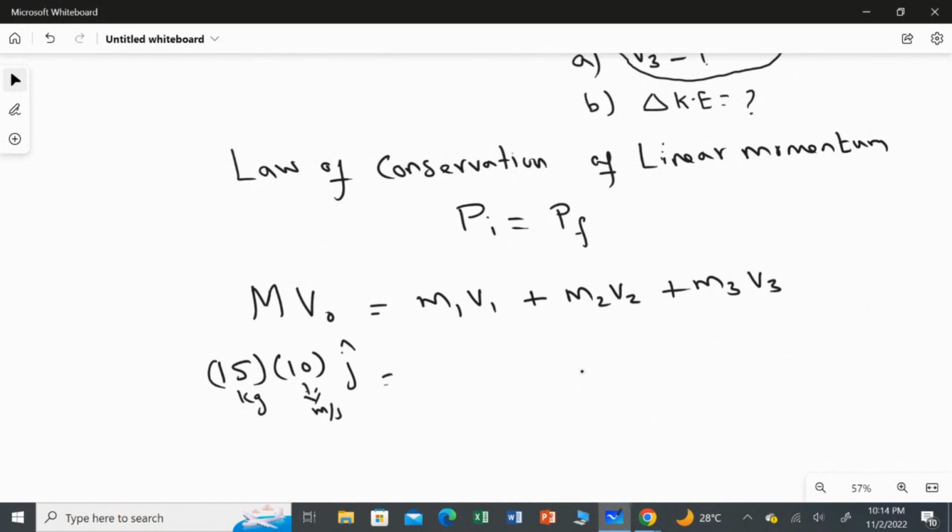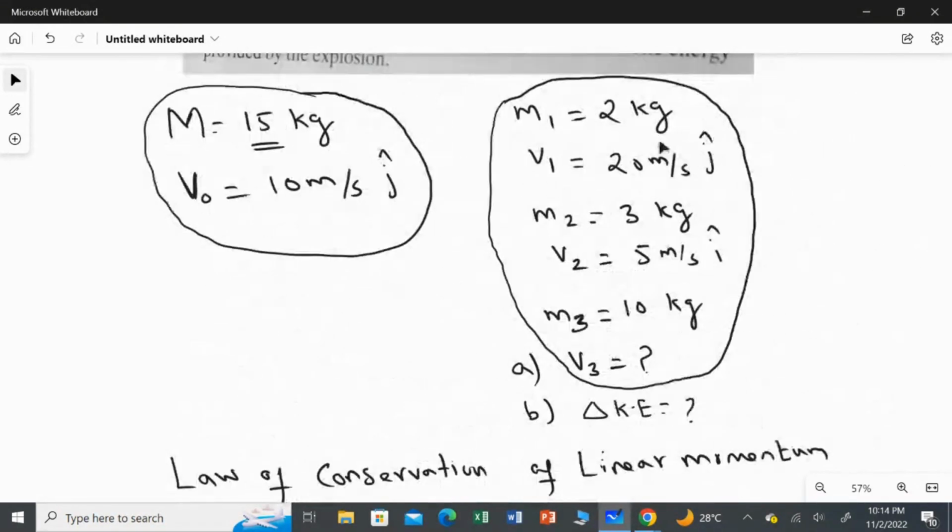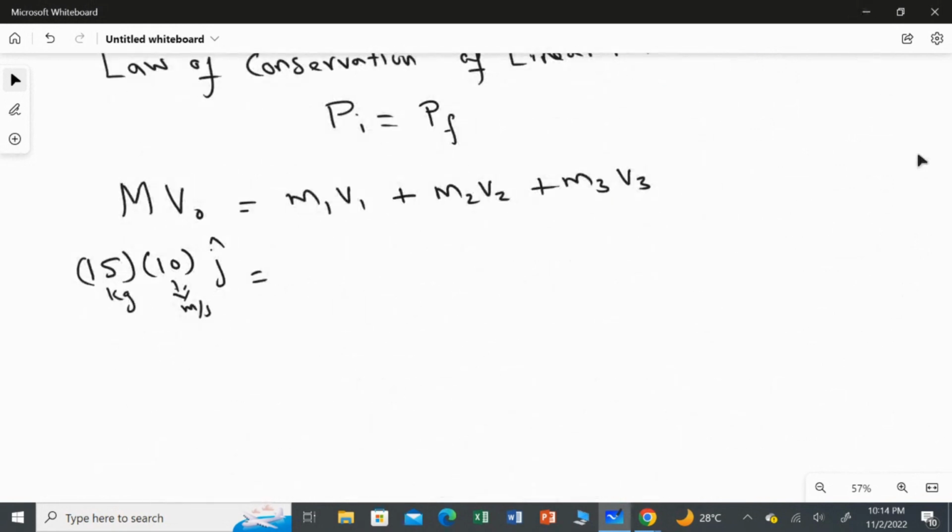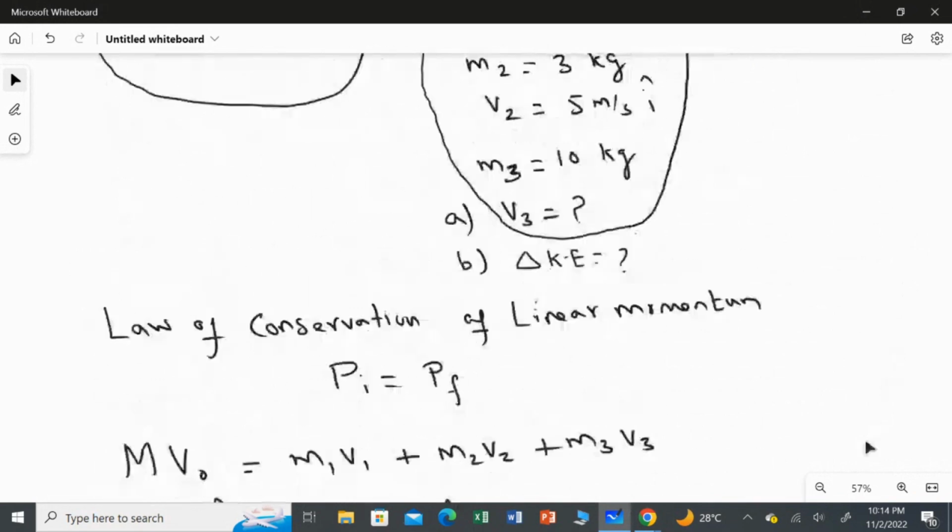which is equal to the mass of the first body after the explosion, 2 kilogram, its speed is 20, but it is in j cap. So 2 kilogram multiplied by 20 meter per second j cap. Clear? Plus m2.